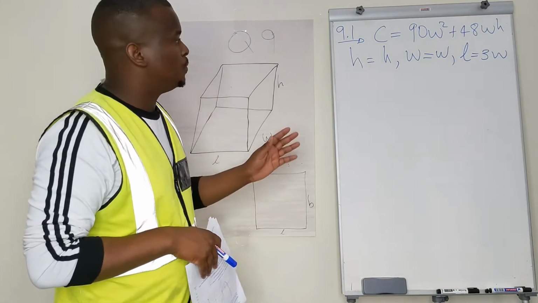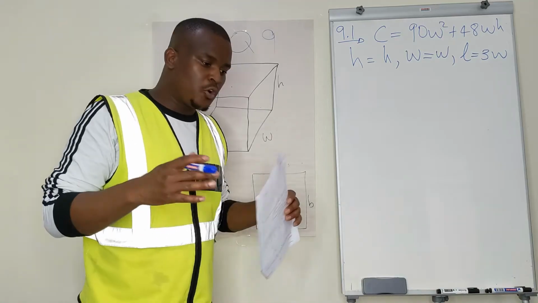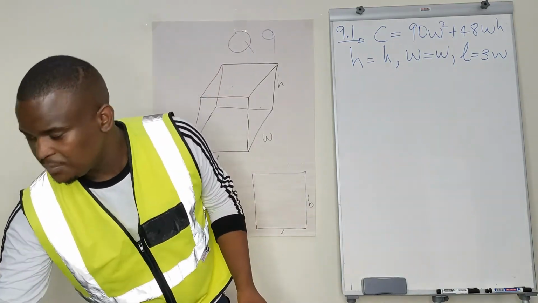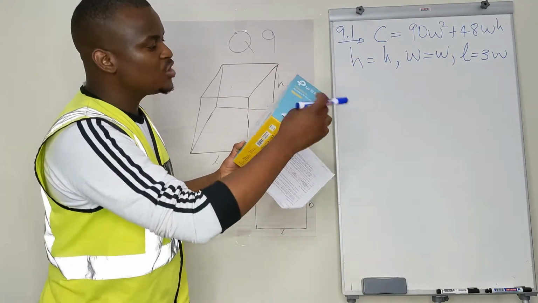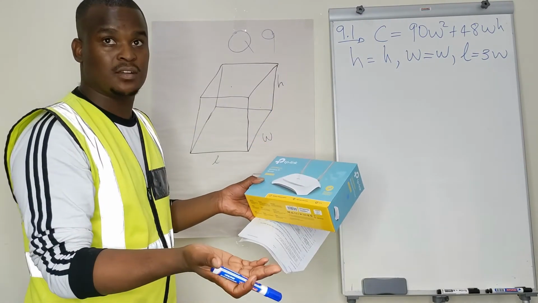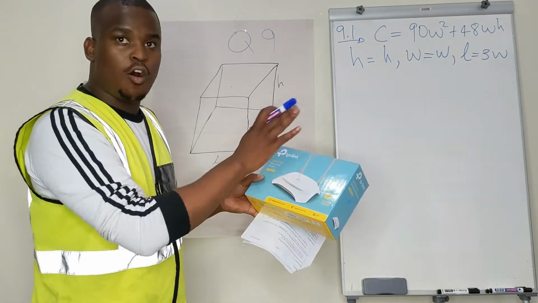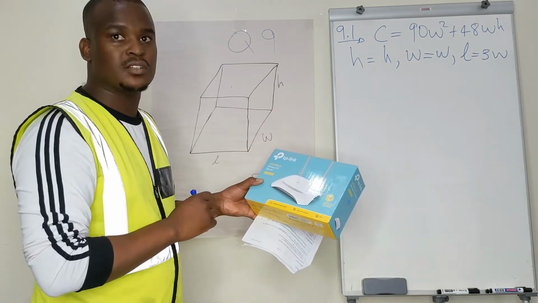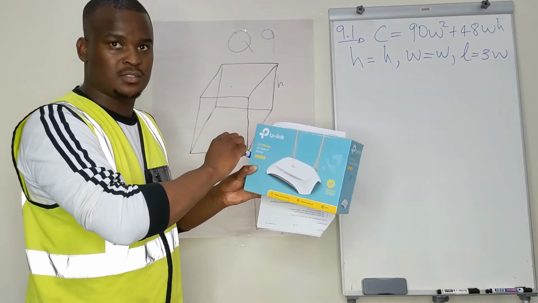Right? Now, if you're constructing the box, that means you'll have the sides, and it is these sides that will be costing. So you must find the total surface area of all the sides of this box.